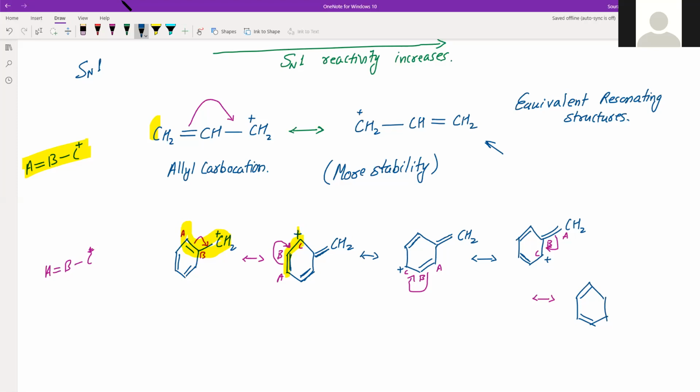This here is involved in the delocalization. So this bond is gone, and because it is gone, the positive charge will come here, and there will be a double bond here. So these are the resonating structures, and you can see there are 1, 2, 3, 4, 5, so there are 5 resonating structures. That means again, this also gives more stability.